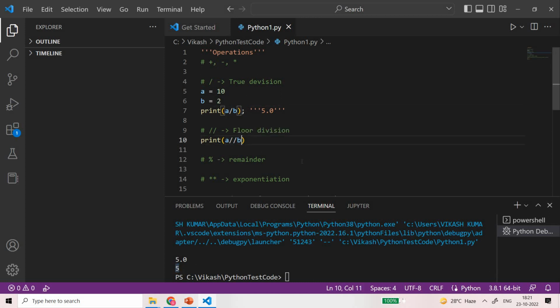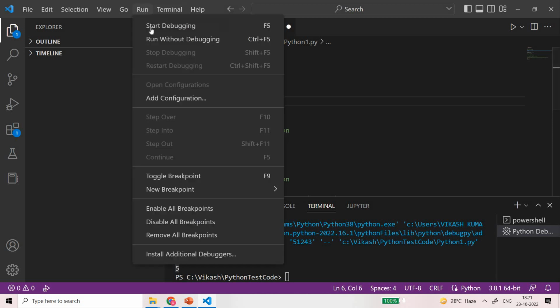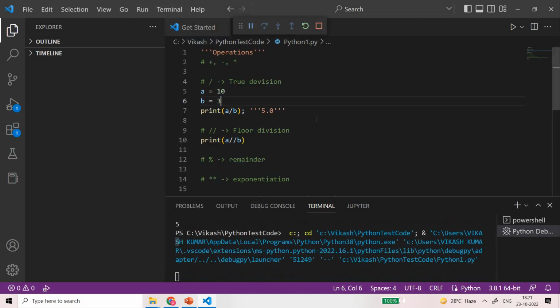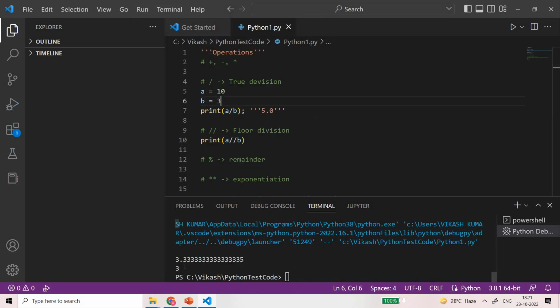If I do something like this, rather than b being 2, I make it 3, then what will be the output? You can see the first output is 3.3333 and so on. And when I do the floor division, 3 threes are 9, so it will only display the integer part, not the remainder.